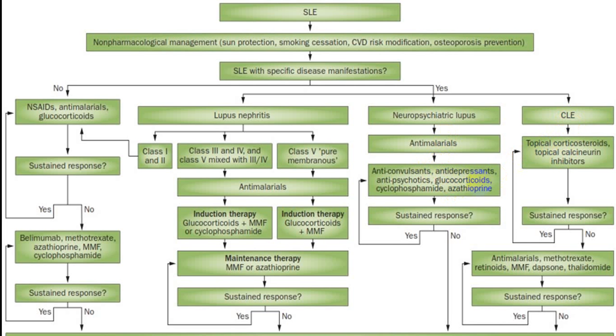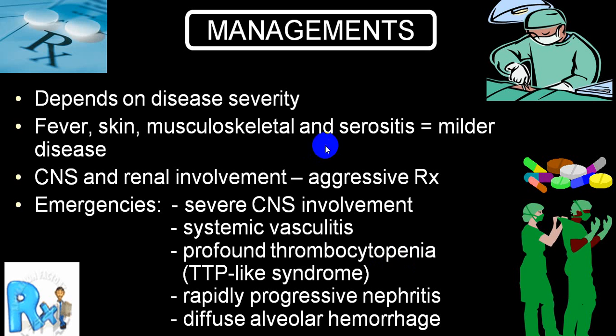These are all the different types of therapy you can select. Depending upon the involvement, these are the emergencies: CNS, systemic vasculitis, thrombocytopenia, nephritis, alveolar hemorrhage, etc.